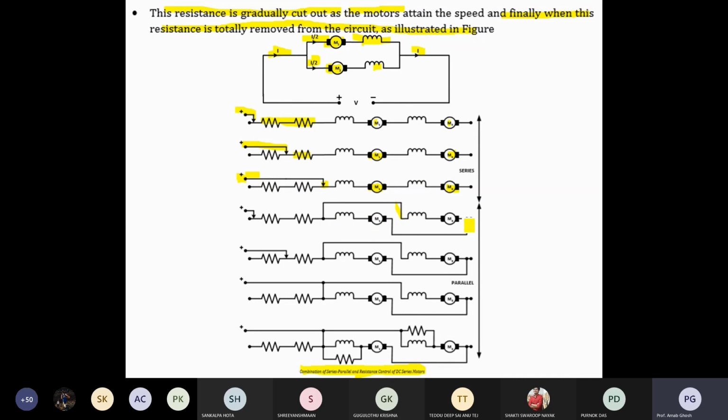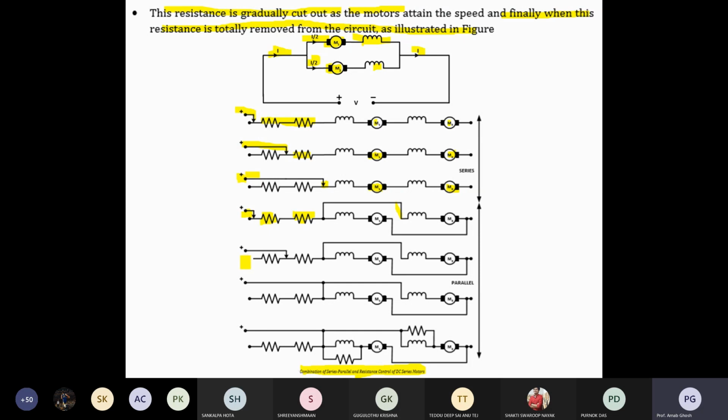Now it is in a parallel combination. Here the full current was there earlier. Now, in the parallel configuration, which is the initial condition, the full current is not coming. Due to the current, some potential drop can be observed, so the full voltage does not appear across the two parallel motors. Some voltage drop is there due to the current passing through the conductor.